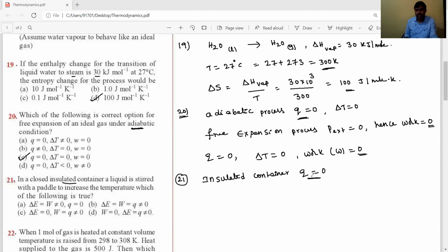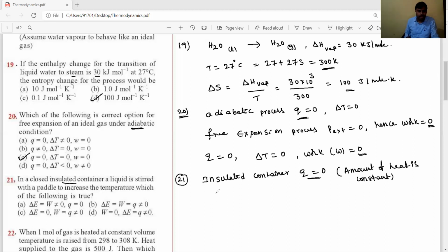Okay, students, in the insulated container the amount of heat is constant. That's why Q is equal to 0.